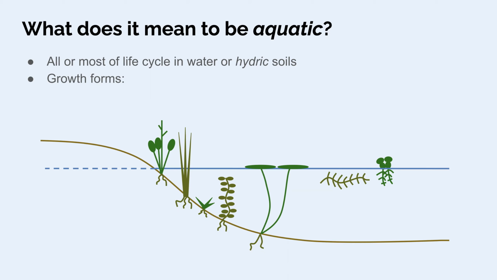So living in the water, and then also potentially living in soil, as I've illustrated over here, soil that's underwater. All of these present certain kinds of challenges and certain kinds of opportunities. From an evolutionary standpoint, it's a very exciting, very interesting topic, the challenges versus the opportunities.